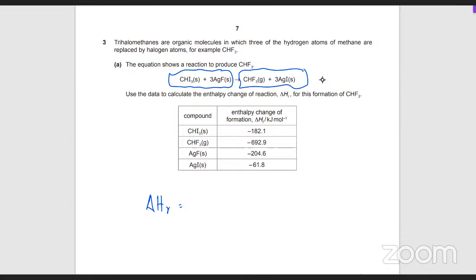So it's going to be 692.9 plus 3 times minus 61.8. These are the products, minus reactants. Reactants are CH3CHI3, that's minus 182.1, and then 3 times minus 204.6. So work this out and see what you get.